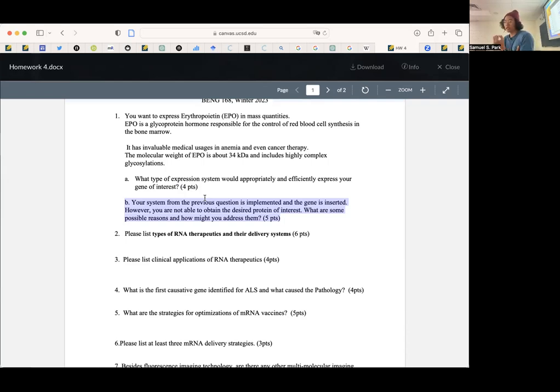So I guess how I would address this question is I would maybe insert genes that are responsible for glycosylating proteins in the cell, right? If I know that mannose is 90% of the sugar of the glycosylation on this protein, then I'm going to instigate the mannose production in the cell, or all the pathways involved with that.